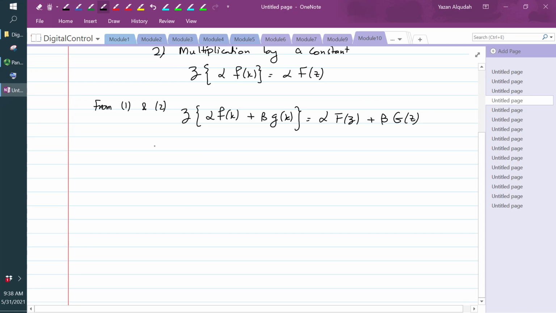Another property is the real translation or shifting.